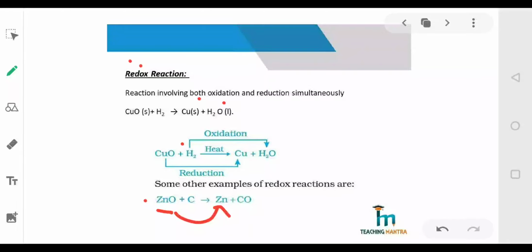Oxygen is being removed, that is reduction has taken place, whereas here it is only carbon, and afterwards we are getting carbon monoxide, oxygen is being added, that means here oxidation has taken place. So this is an example of redox reaction. Oxidation and reduction both take place simultaneously.